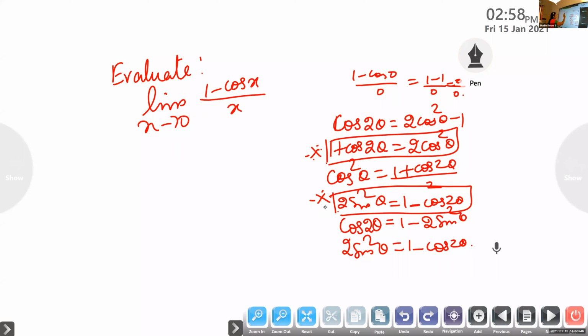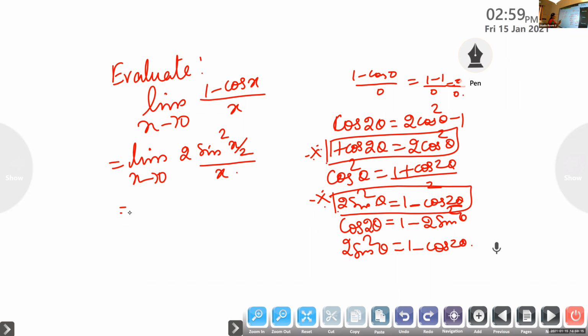Now look at here, we have 1 minus cos x. 1 minus cos 2 theta means we are writing 2 sine square theta. If it is 2 theta, we are writing theta here. So here, with limit x tends to 0, 1 minus cos x, we can write this as 2 sine square (x by 2) by x.